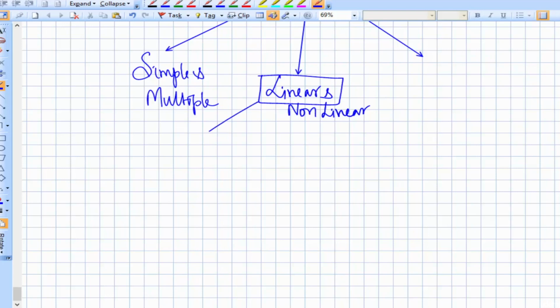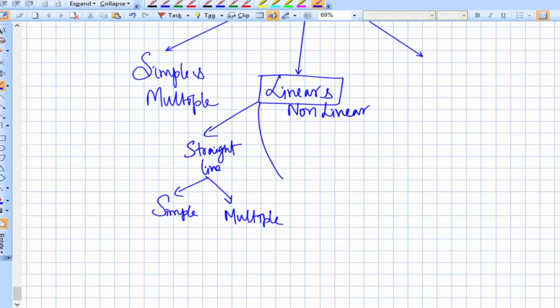This is basically based on a straight line. This linear regression is based on a straight line, and this can be both a simple regression like what we have seen where only two variables are involved, or this can also be a multiple regression. This can be simple and multiple, and the linear regression will help us to predict.